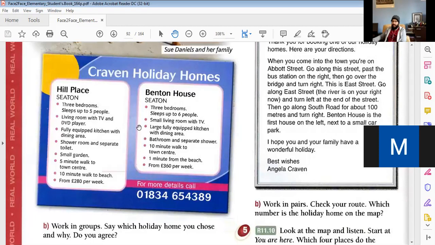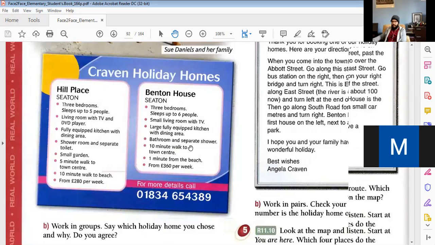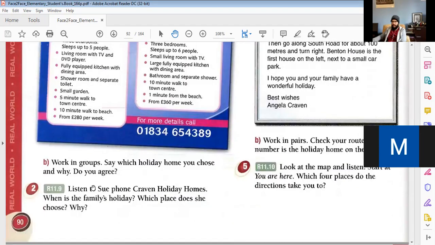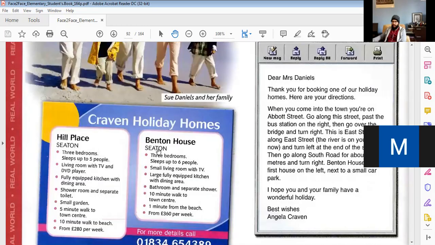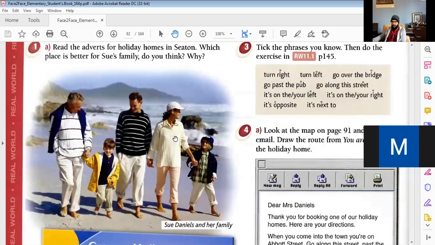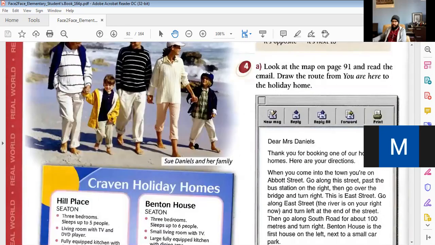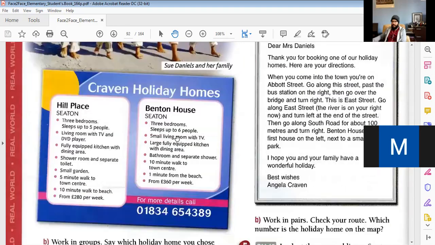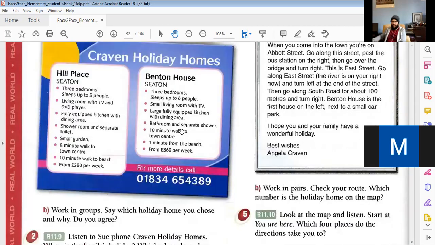So we talked about the difference between the two places, and we also listened to the conversation. We listened to Sue. So this is Sue Daniels, and this is her family. Of course, Sue Daniels wants to stay at the beach house for a week.